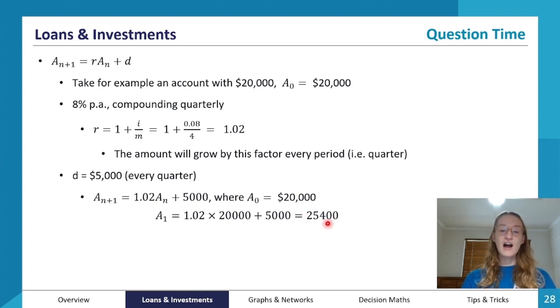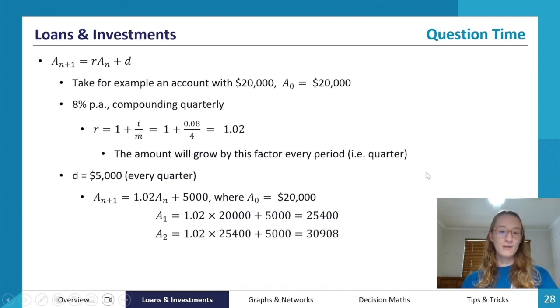So you can see that after 1 quarter of the year, our time period, the amount in the annuity is $25,400. So we can see that $5,000 of that growth has come from the deposit, and $400 of that growth has come from the interest.